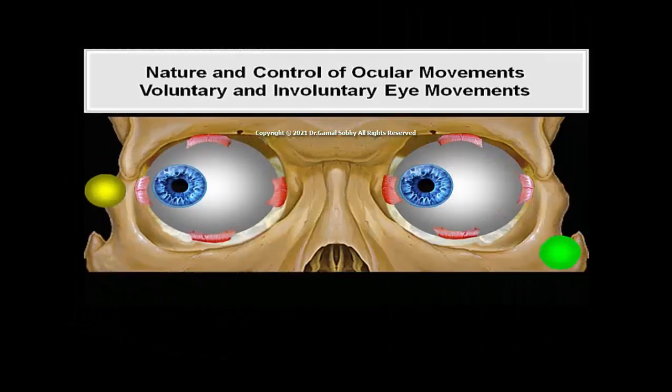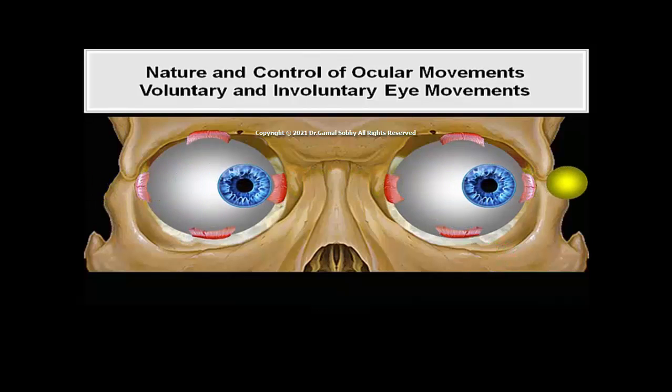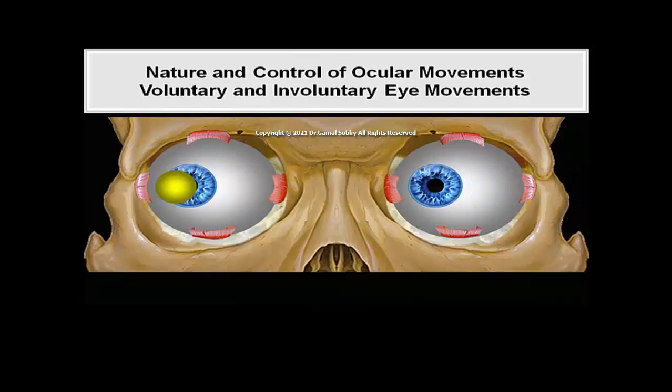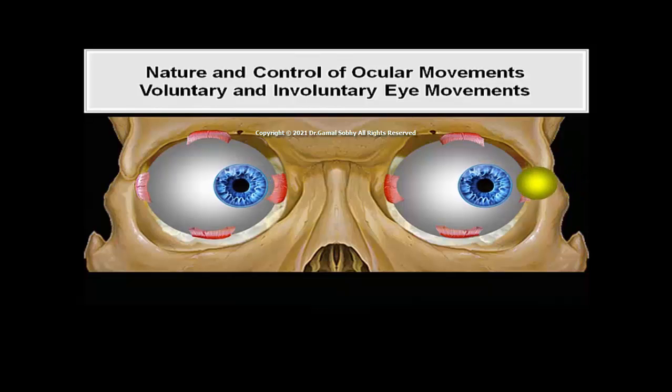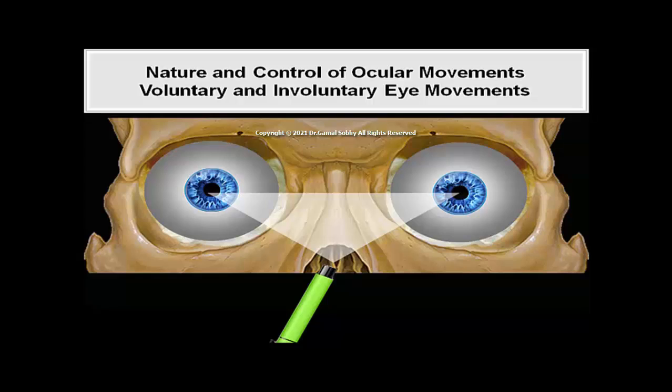Voluntary eye movements are willed by the individual, as a result of a chain of impulses that originate in the cortex. Involuntary eye movements are not willed by the individual and occur without awareness. Examples of involuntary eye movements: when the illuminance of the retina changes, the pupil of the eye constricts or dilates.